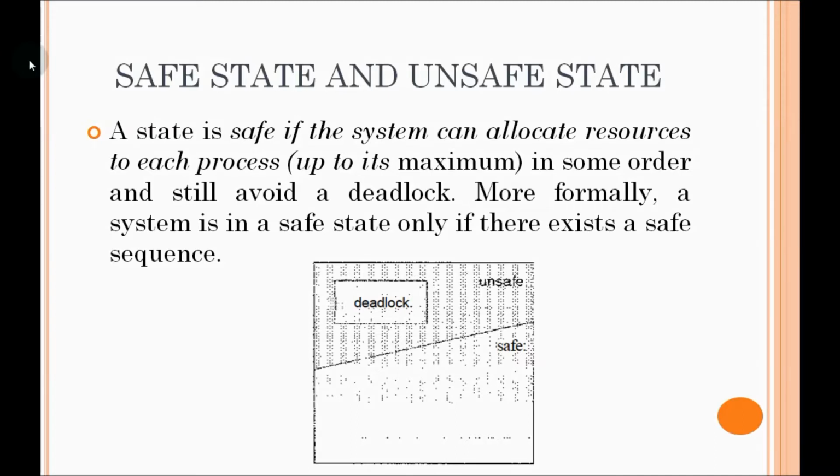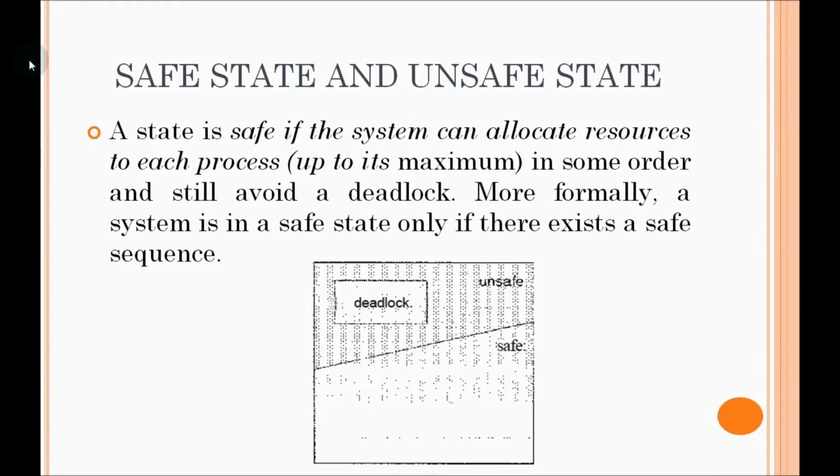So in simple words, you should avoid a deadlock. Even if you allocate the resources to the process, it should not result in the deadlock. You should allocate the resources in such a way that deadlock should not be there. Then I can call it as a safe state.